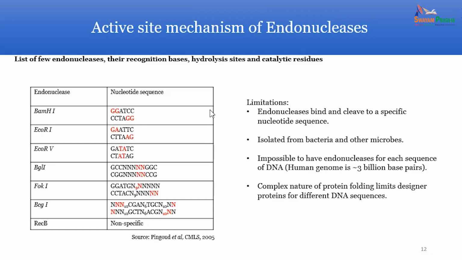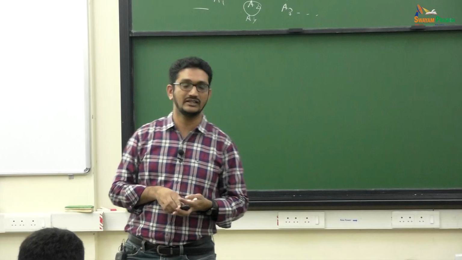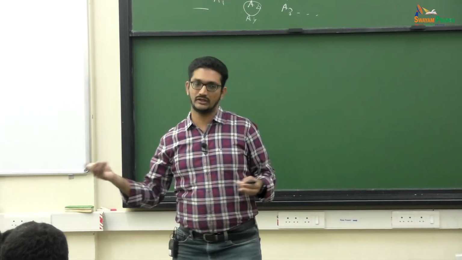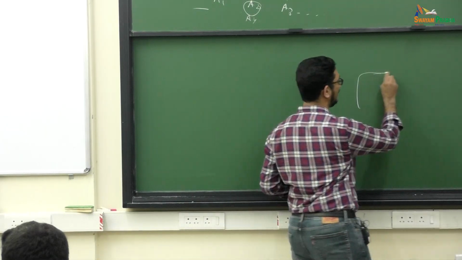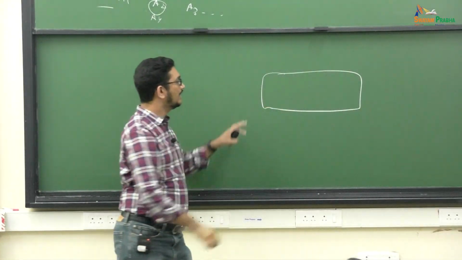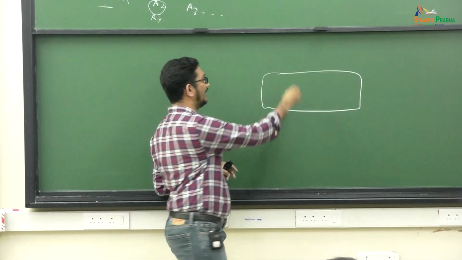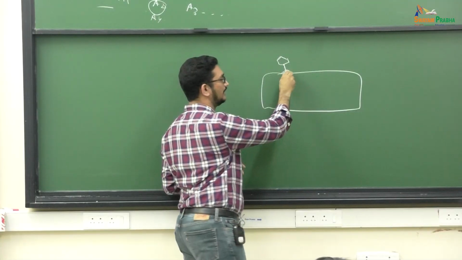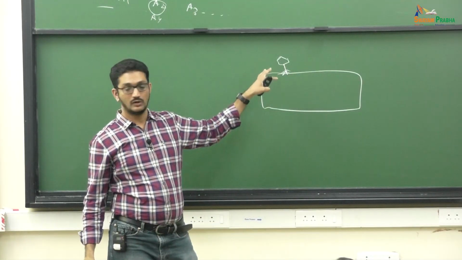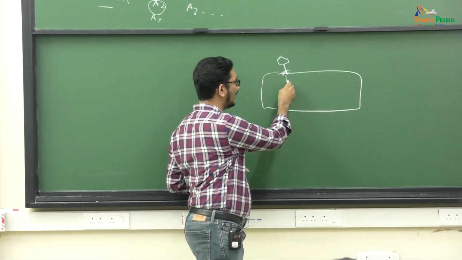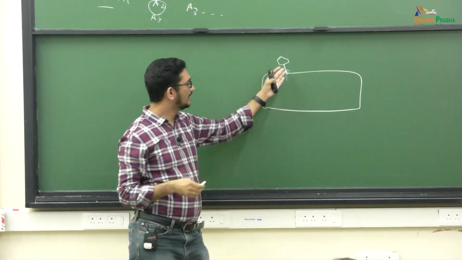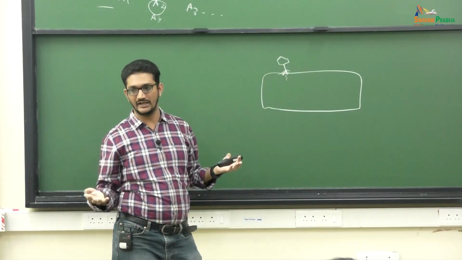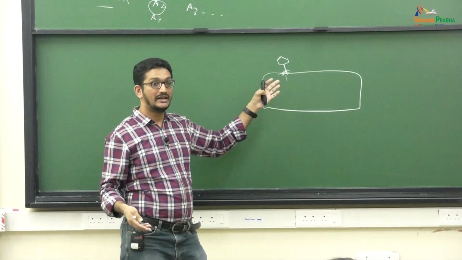The way these enzymes were discovered is pretty interesting. You have a bacterium, and a bacterium can be attacked by a virus. This is a bacteriophage. Once the bacterium has seen this virus, the virus will incorporate its genetic material, either DNA or RNA, into it.